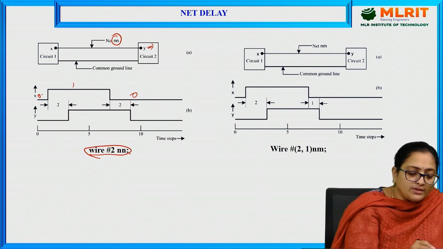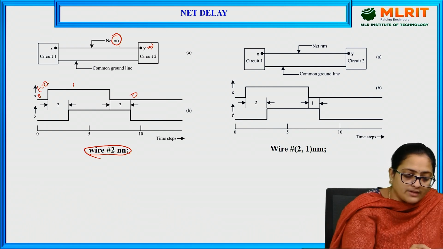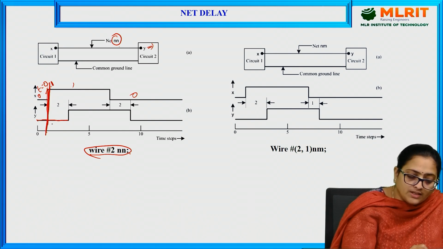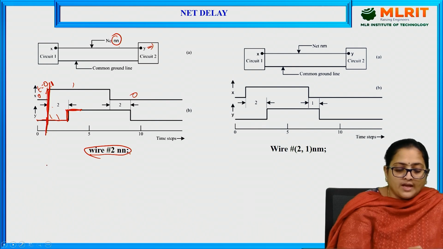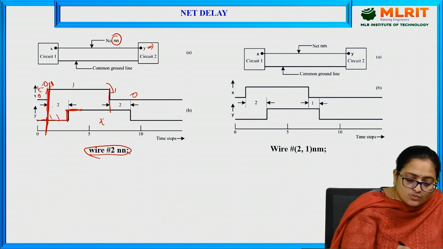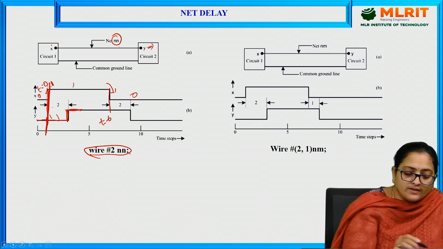So here at time t equals 0, I gave the input value as 0. So it will be the same at time t equals 0, but this 0 will be there at the output side for 2 time intervals. See here, the transition has occurred from 0 to 1 here, but it waits for 2 more time intervals, and after the 2 time intervals, the transition occurs. Again, the transition occurs from 1 to 0 at, let us assume, time t equals 6 at the input side.